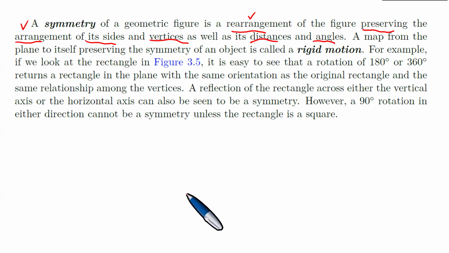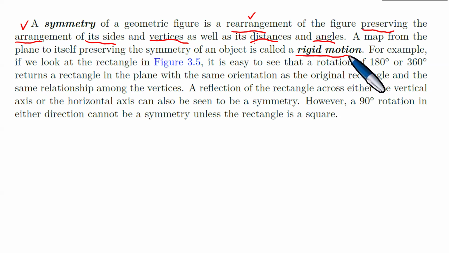A map from the plane to itself, preserving the symmetry of an object, is called a rigid motion.